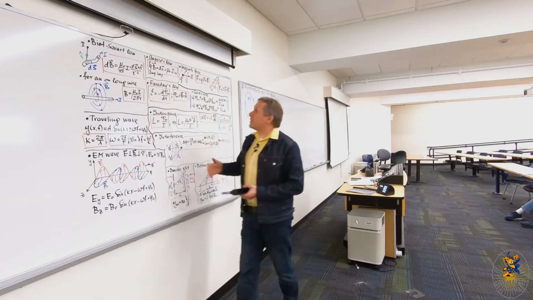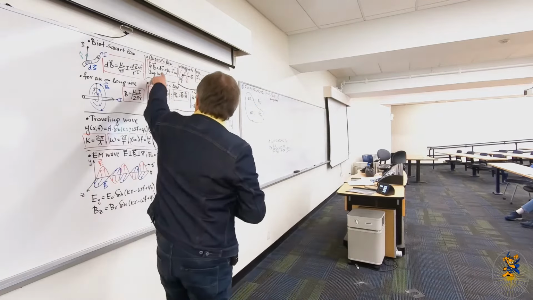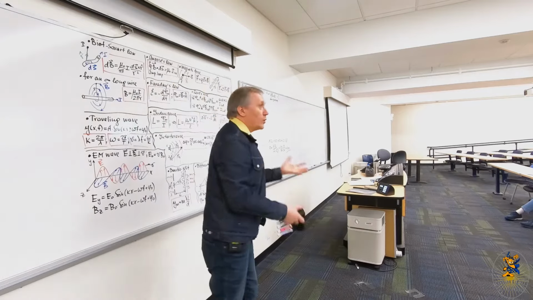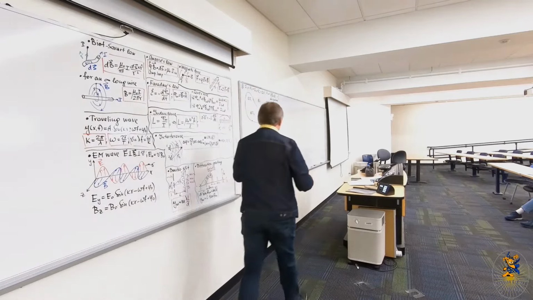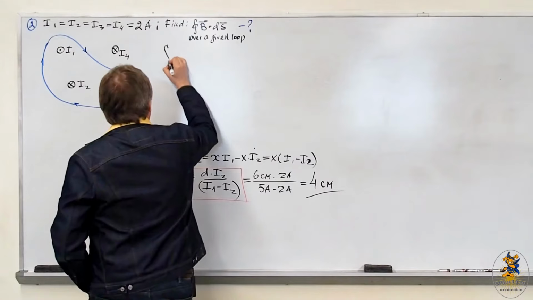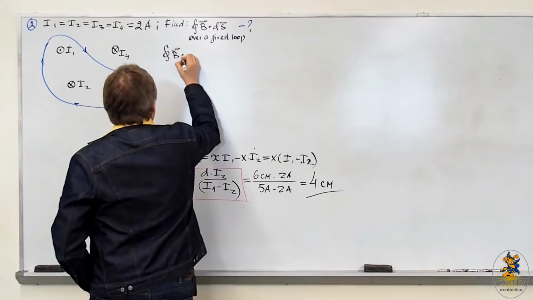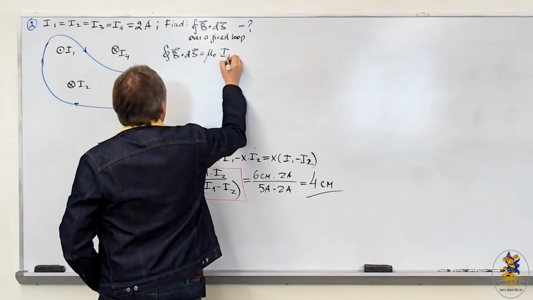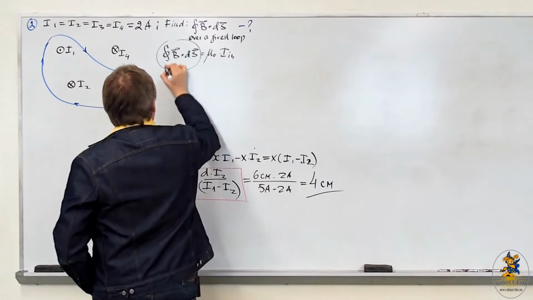So it's basically a direct application of Ampere's law. We just need to find the left-hand side of the equation. That's it, right? So in this case, we don't need to actually integrate it. So Ampere's law: integral of B dot ds equals mu naught times I enclosed. So that's our unknown.